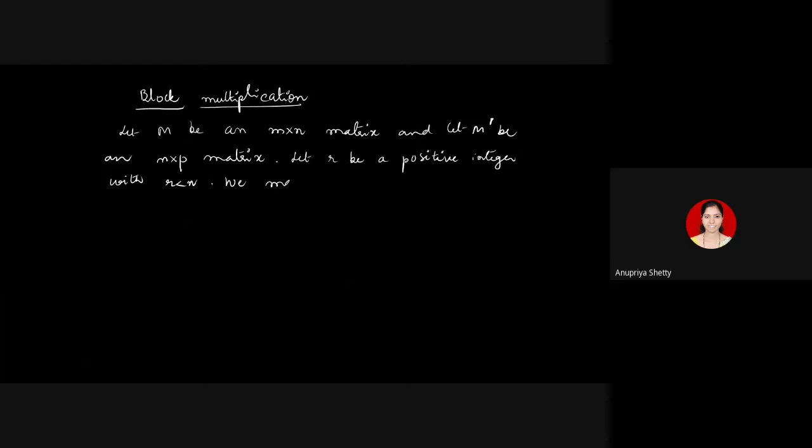We may decompose M and M dash into blocks as follows. We'll take M and divide it into two blocks by making a separation after R number of columns.